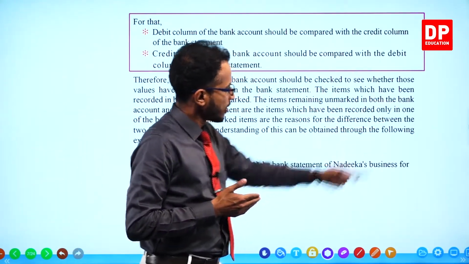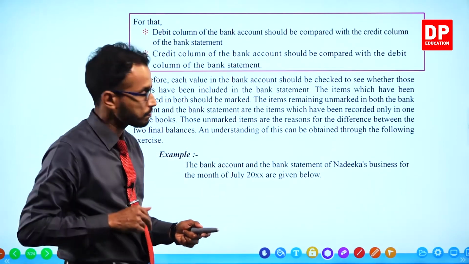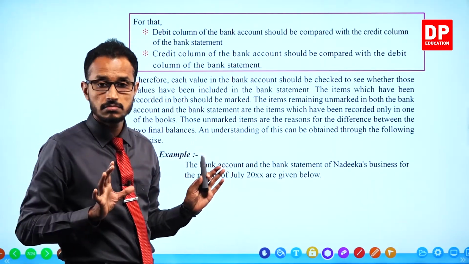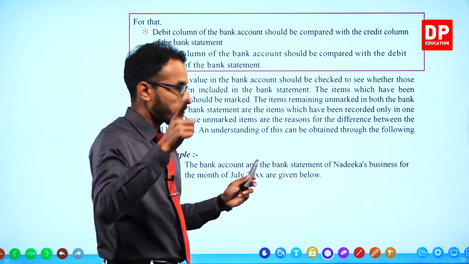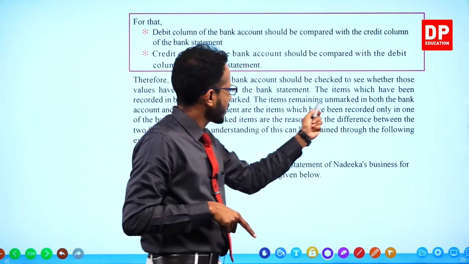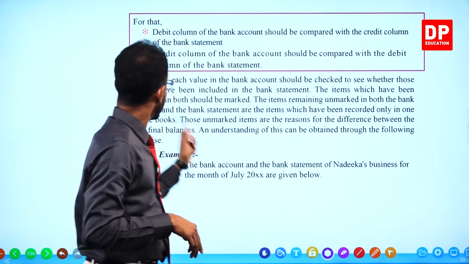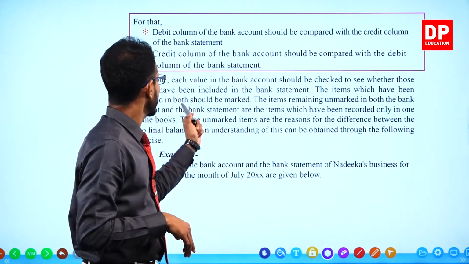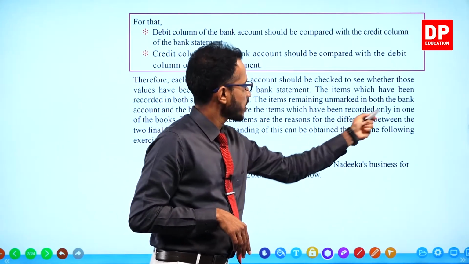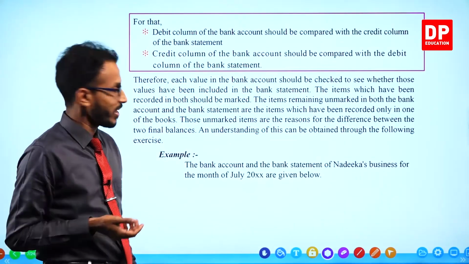Items which have been recorded in both should be marked. We can tick the items which are present, and items remaining unmarked, unticked, are the missing items, which have been recorded only in one.